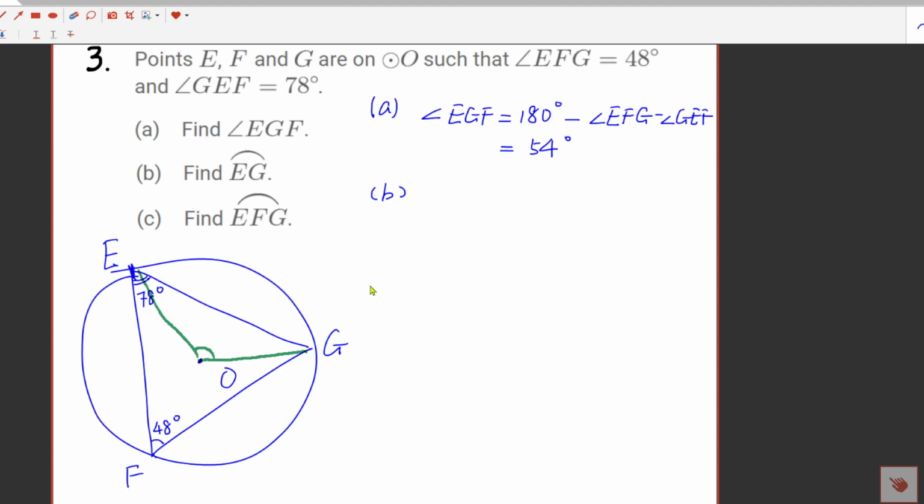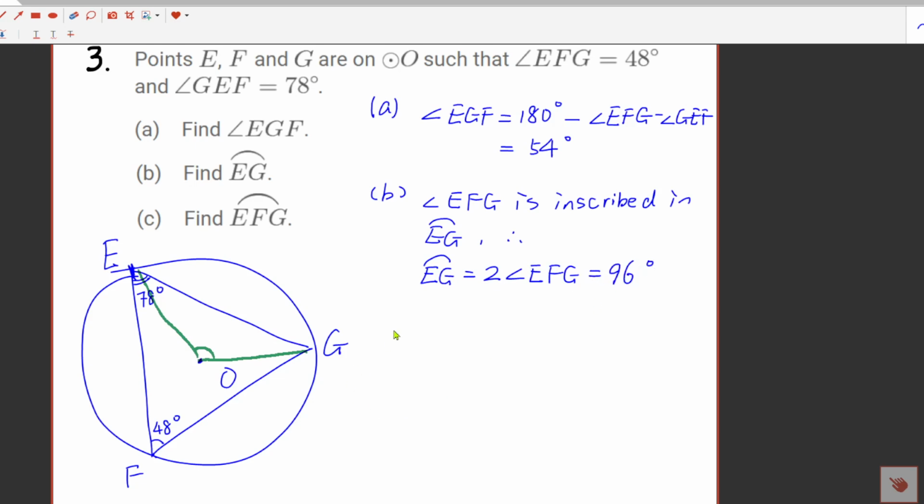So we know that angle EFG is inscribed in arc EG, right? So we have arc EG is simply twice the measurement of angle EFG, and this gives us 96 degrees, right?